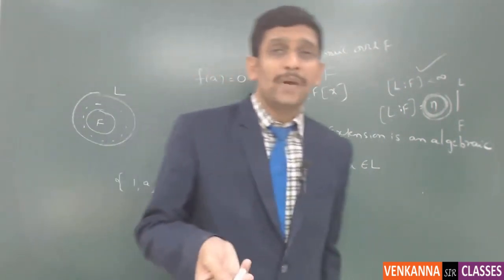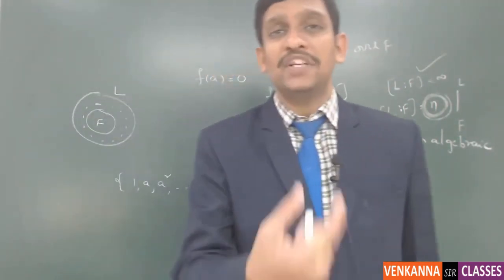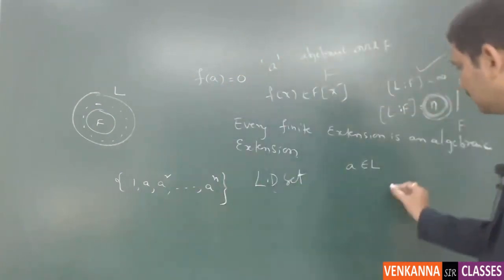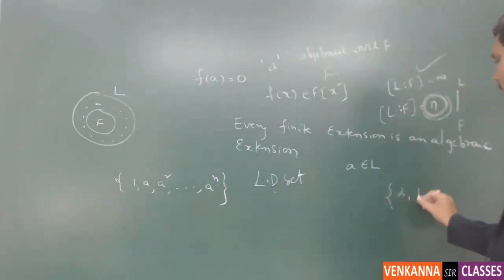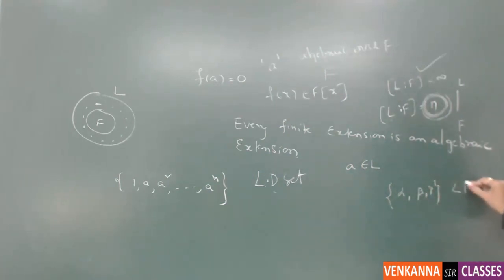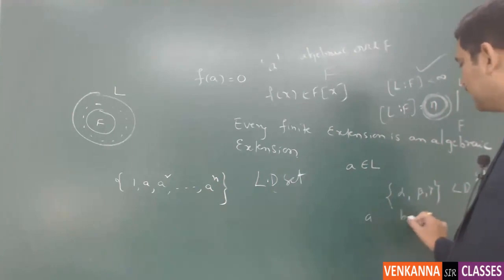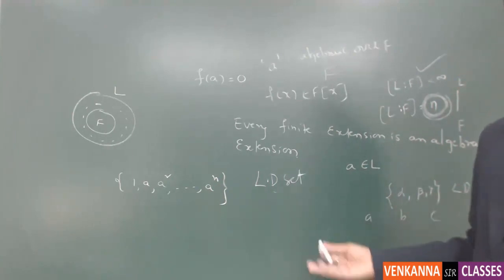So what is meant by the linearly dependent definition? Let us write a simple example. If I say that alpha, beta, gamma is a linearly dependent set, from the very definition, it means that I can find scalars, say A, B, C. Scalars means numbers.